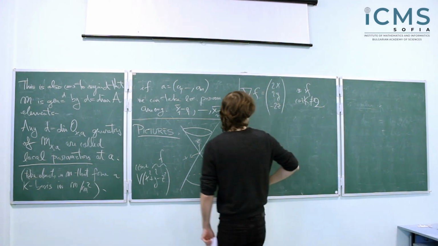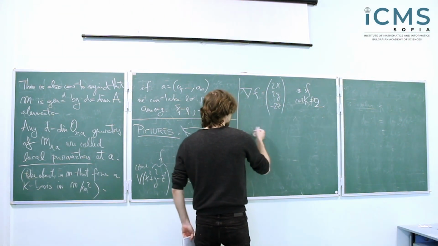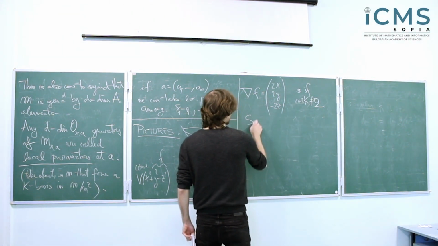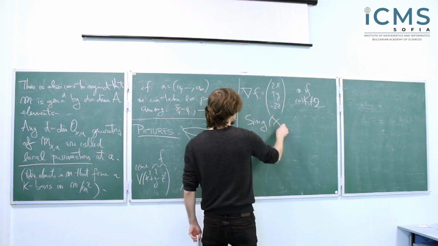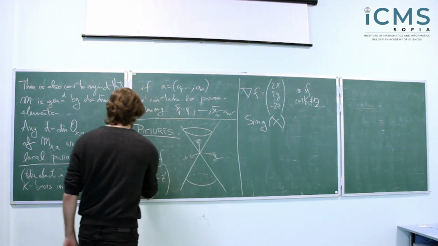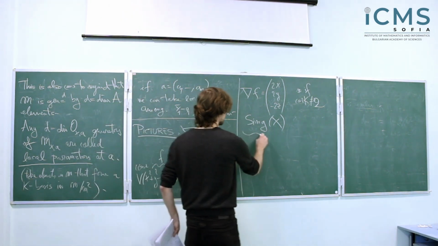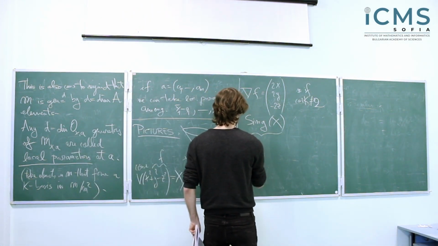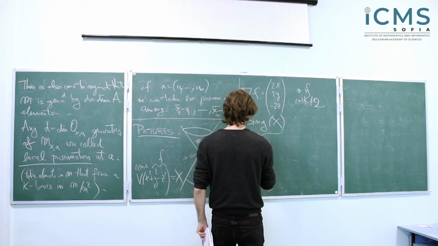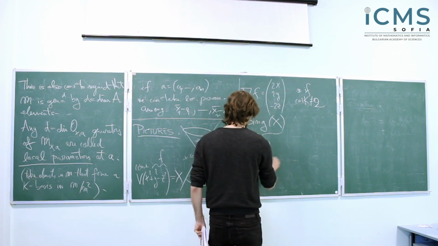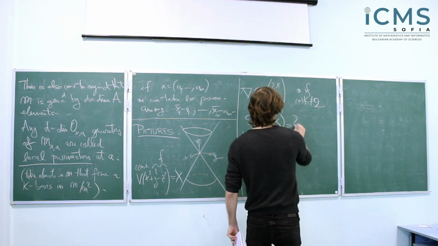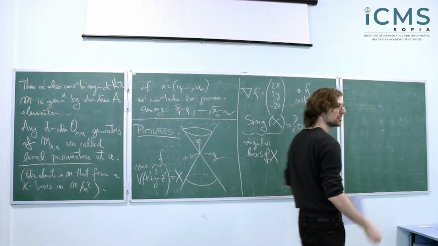So the characteristic is different from 2. So, okay, maybe one of the problems is that I didn't give it a name, but the singular locus is just reduced to the origin. Okay, very easy, right?